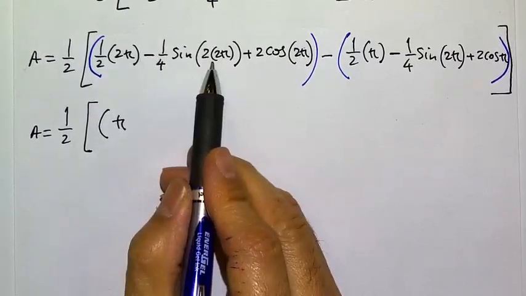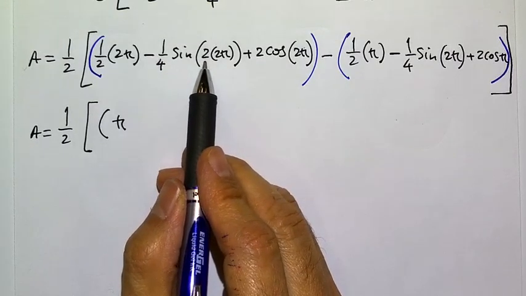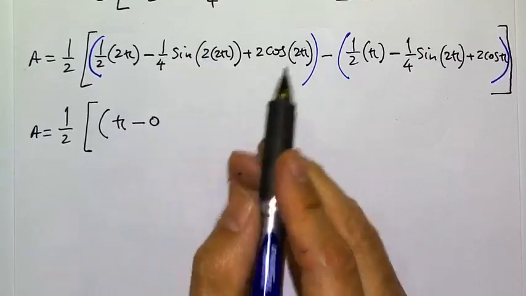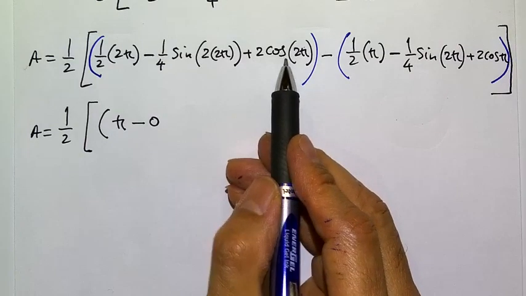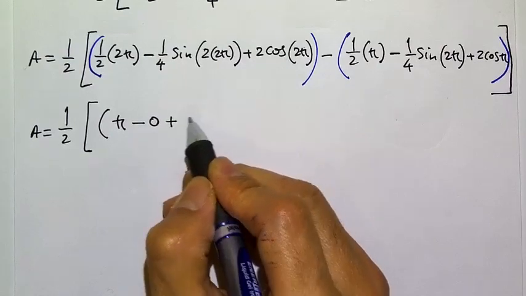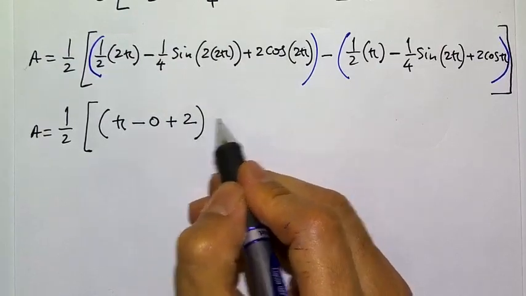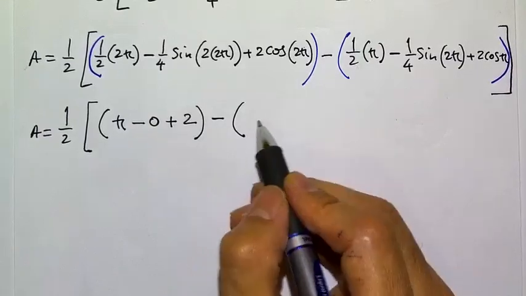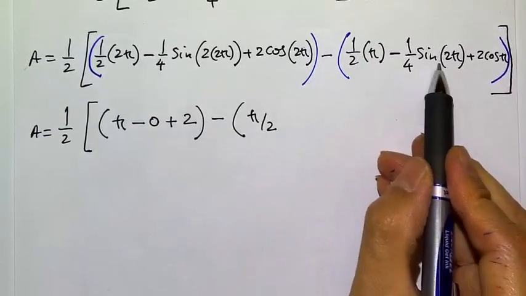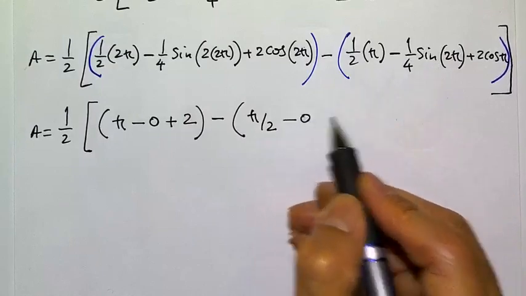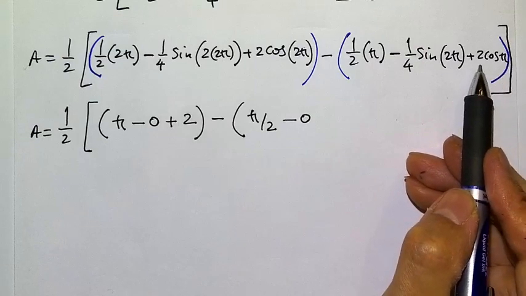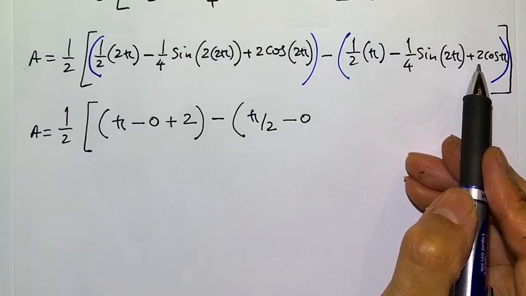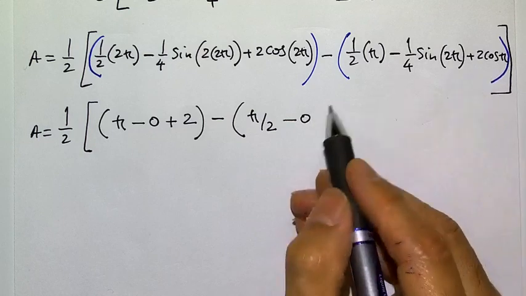So pi, this is sine of 4 pi, so this is just 0 times minus 1/4, so that's minus 0, plus cosine of 2 pi is 1, 2 times 1 is just 2, so plus 2, and then minus, this is just pi over 2, sine of 2 pi again is 0, cosine of pi is minus 1. Minus 1 times 2 is minus 2. Right? So that's minus 2.